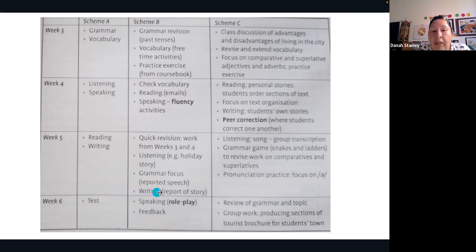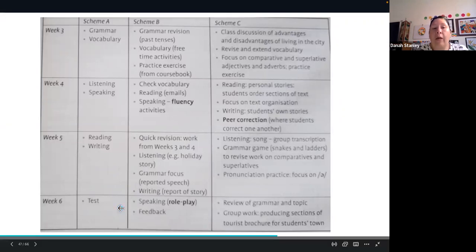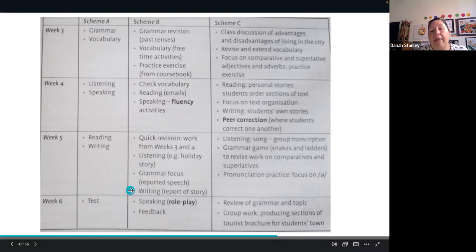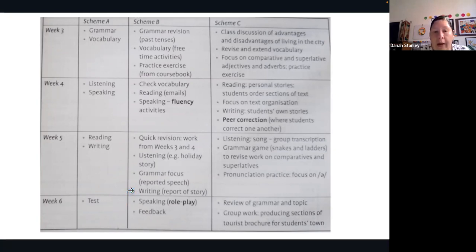Then, this can also be part of the final evaluation. Probably they start planning their piece of writing to be evaluated on week 5, and on week 6, that is the week for evaluations, pues they hand in this piece of writing, okay?